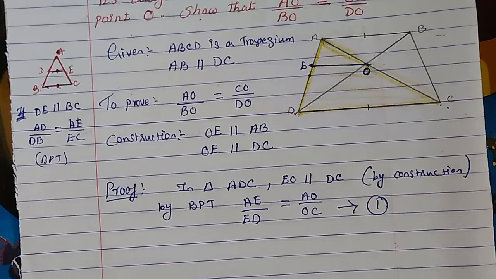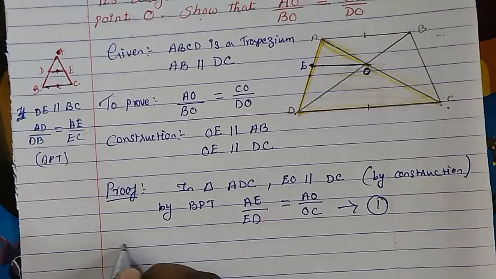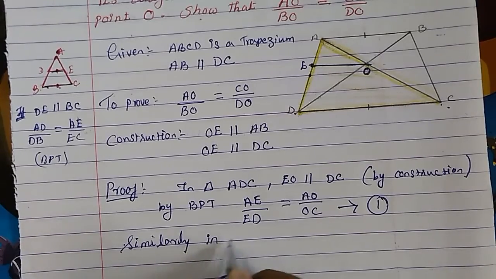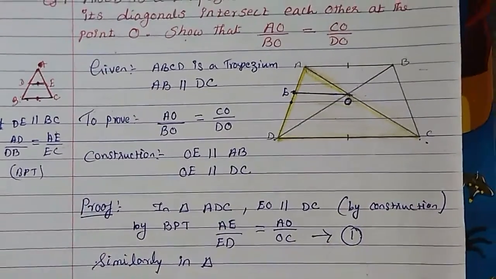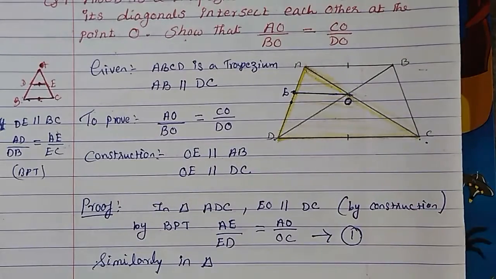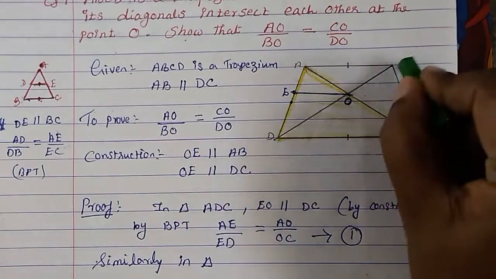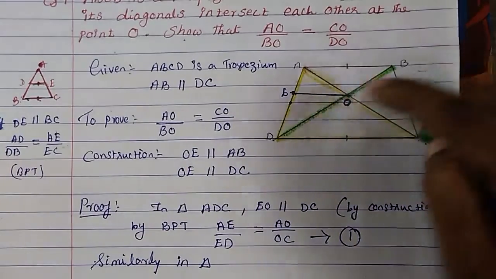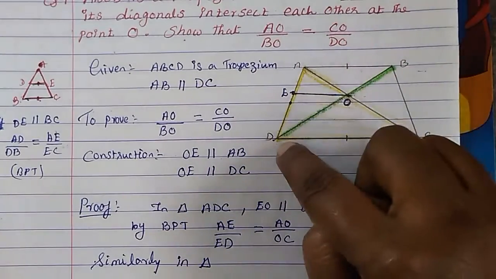Now in the same way, let's take the other diagonal. We have taken AC. So now we'll take the other diagonal, that is BD. AC we finished, so we take BD.